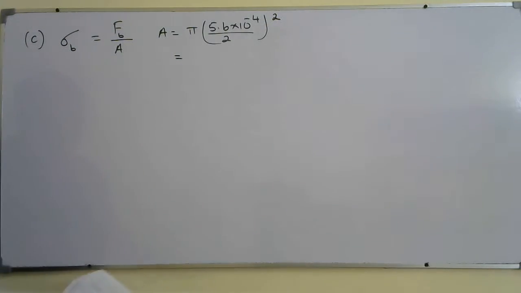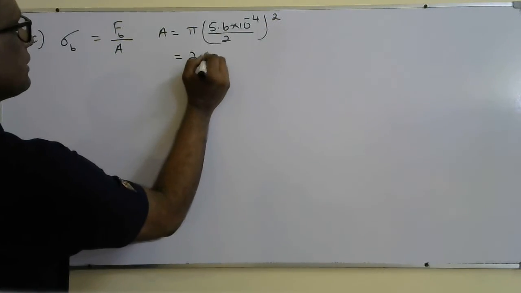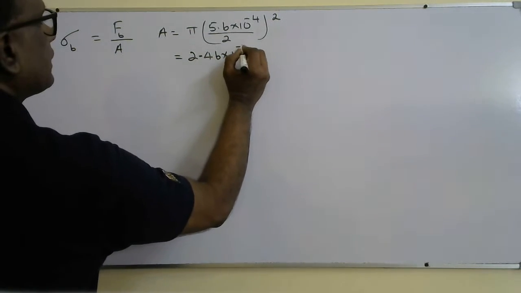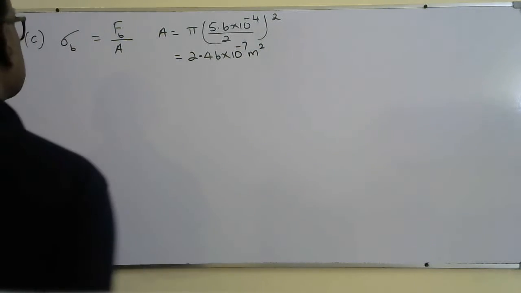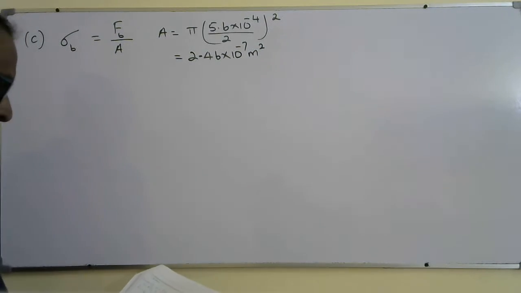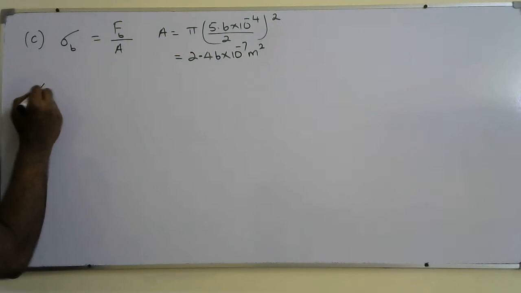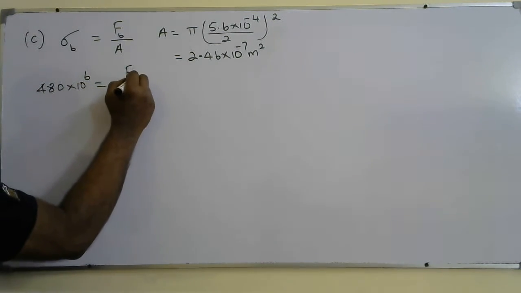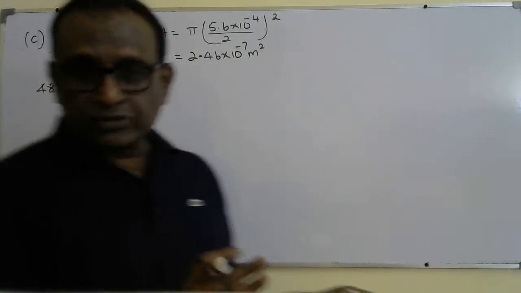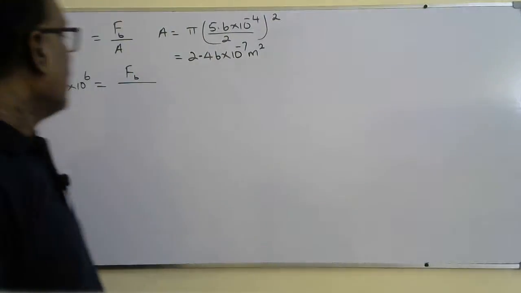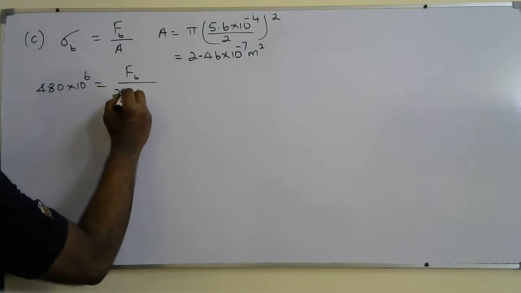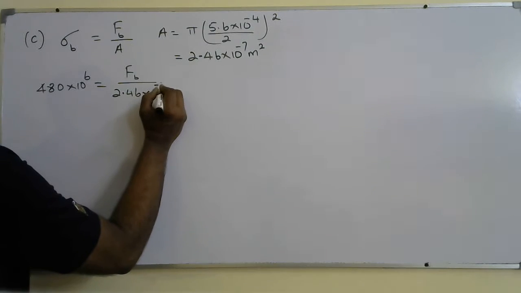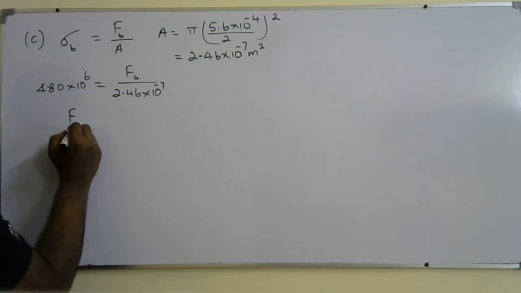You can substitute directly or you can find this area, 2.46 times 10 to the power minus 7 meter squared. So breaking stress is given, 480 times 10 to the power 6, equals the breaking force, that is the maximum force required to break the material, over 2.46 times 10 to the power minus 7. So find the breaking force.